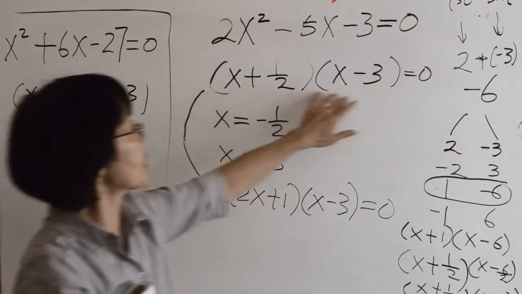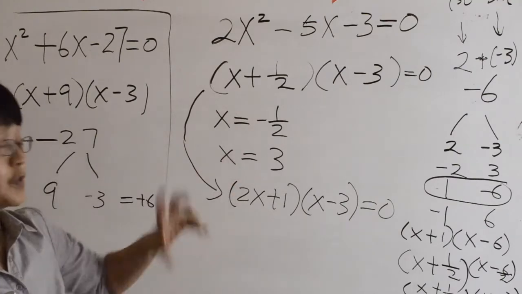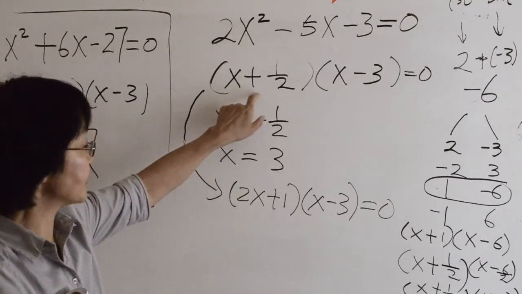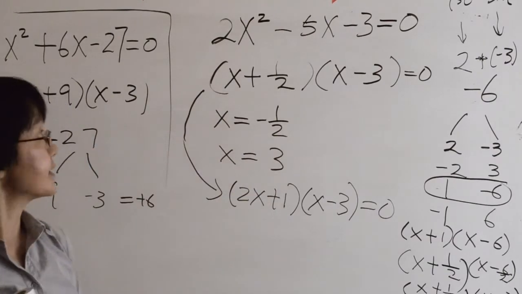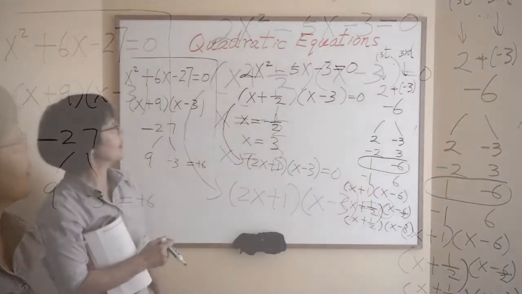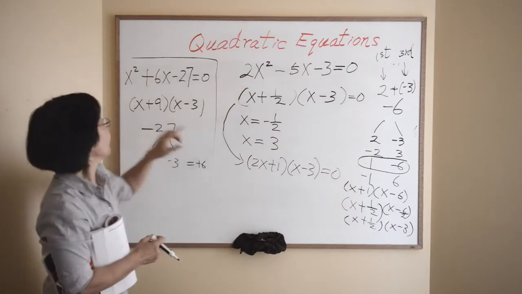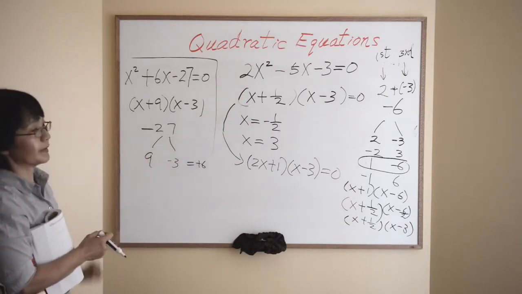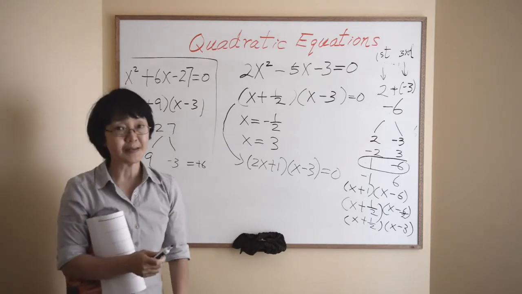But this one will work as well in the SAT test. In case you have a question that asks for the solution, you can just go on to get the solution right away from there, okay? So that's how you solve trinomials with coefficient not equal to 1, and this one, coefficient equal to 1, okay? Good. I'm going to give you more examples, okay?